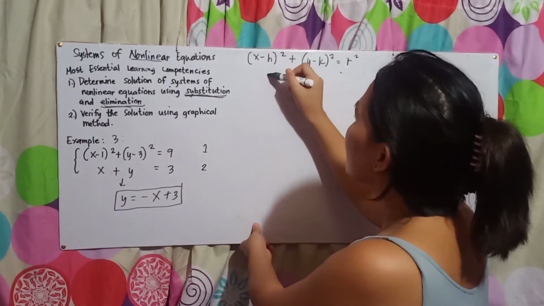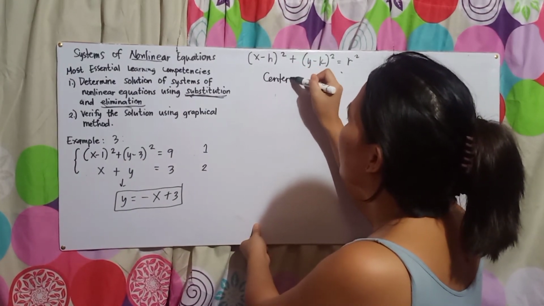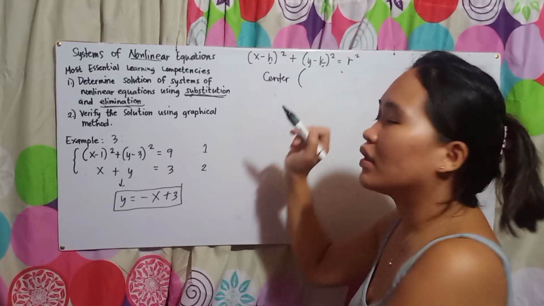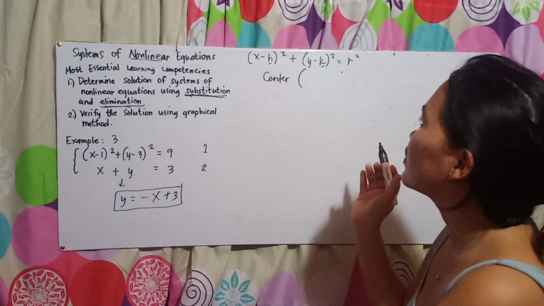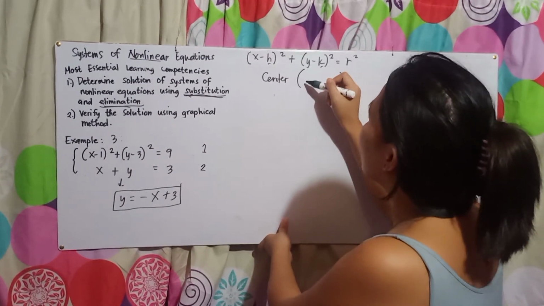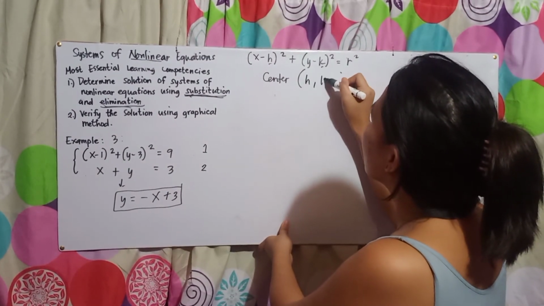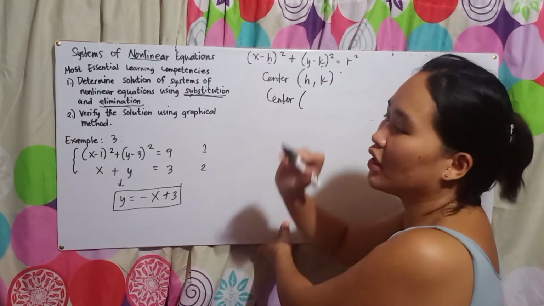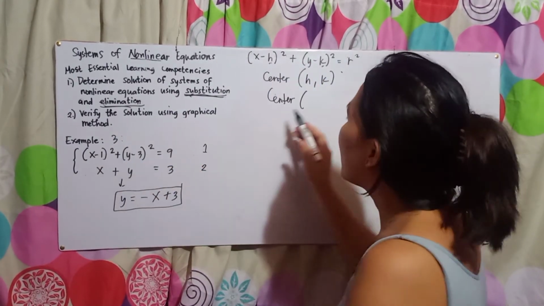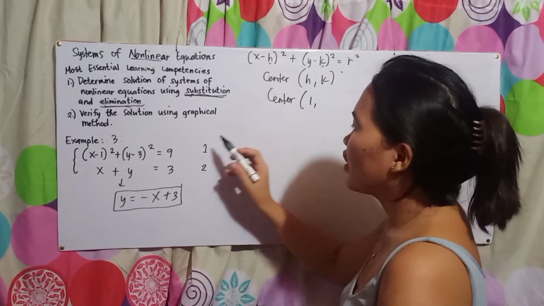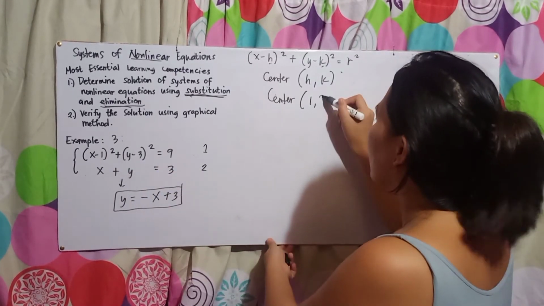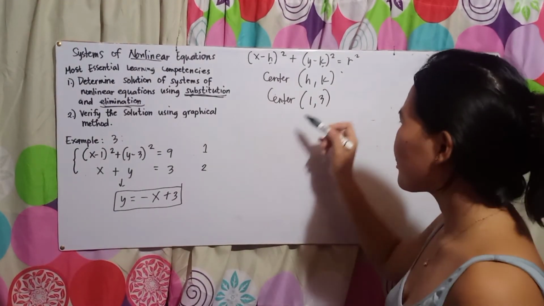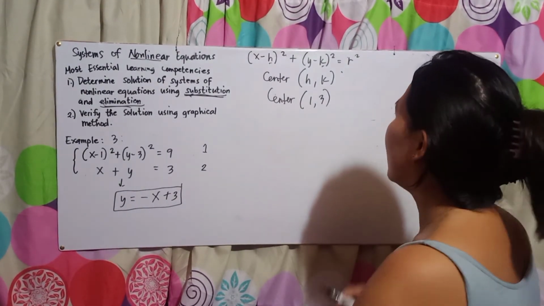So, ang center sa circle, para ma-identify kung asa ang center sa circle, kay kani h, k. So, ang value sa h ug sa k. So, ang h is 1 man, ang k is 3. So, ang center sa circle is naa sa 1 and 3.